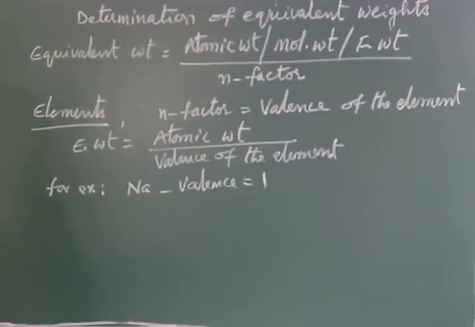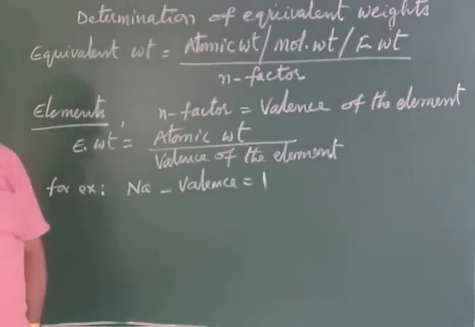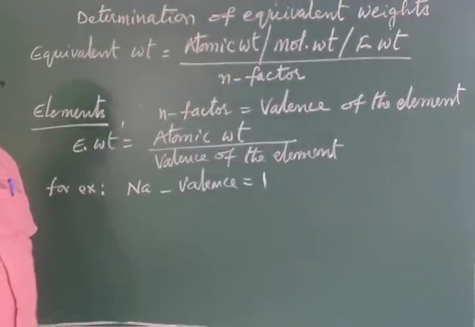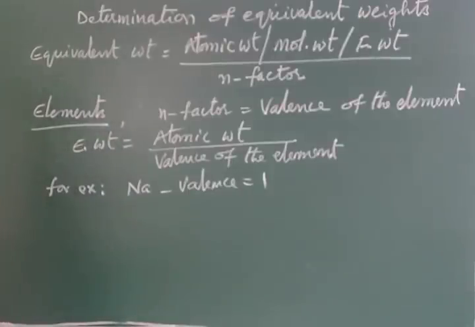Sodium atom can combine only 1 hydrogen atom or only 1 chlorine atom, or 2 sodium atoms can combine with 1 oxygen atom, that is half atom of oxygen. So double the half is 1. So valence of sodium in all its compounds is 1.